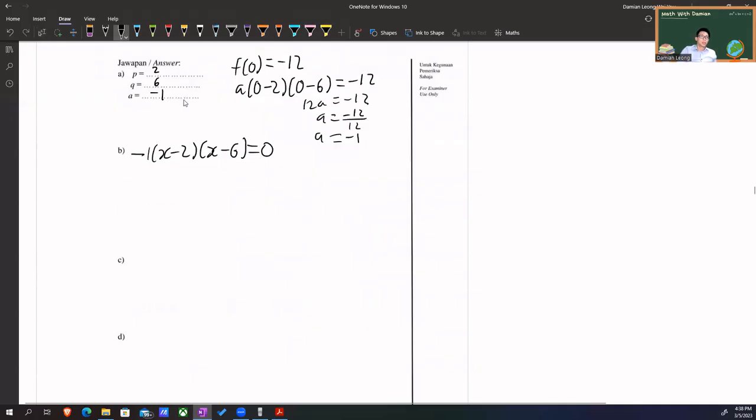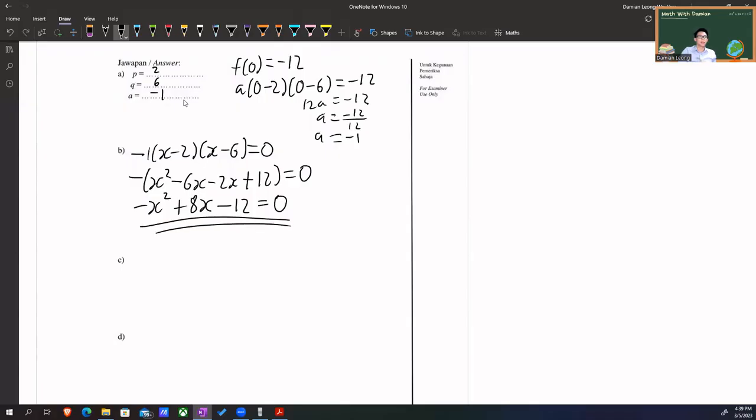So expand the 2 brackets first. It will be x squared minus 6x minus 2x plus 12, times negative is negative x squared. Minus 6 minus 2 will be minus 8, then times negative is plus 8x. Different sign, minus 12 equals 0. That is the quadratic equation.